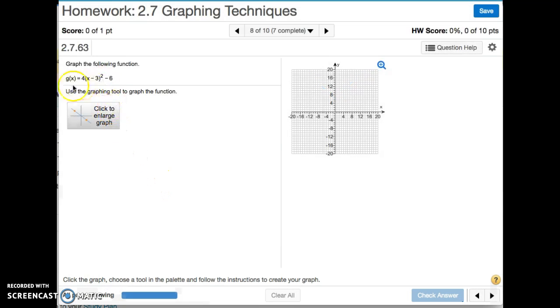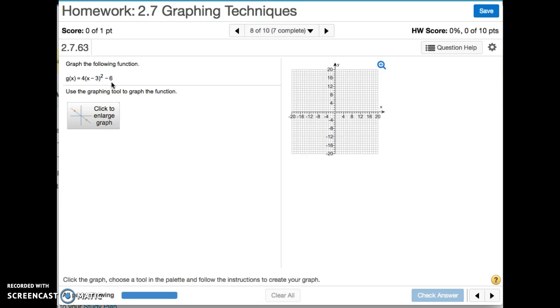All right, here we have our function g of x equals 4 times the quantity x minus 3 squared minus 6. Now, several transformations have happened here. First, looking in the parentheses, the x minus 3 means our basic parabola graph has been shifted to the right 3 units. The minus 6 on the outside means that our basic parabola graph has been shifted down 6 units.